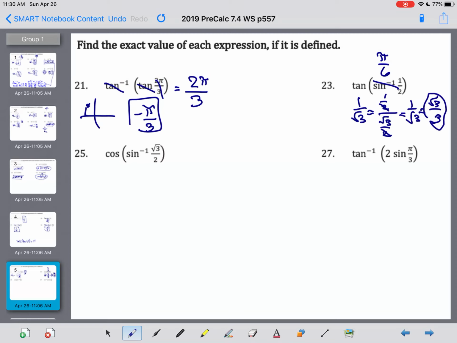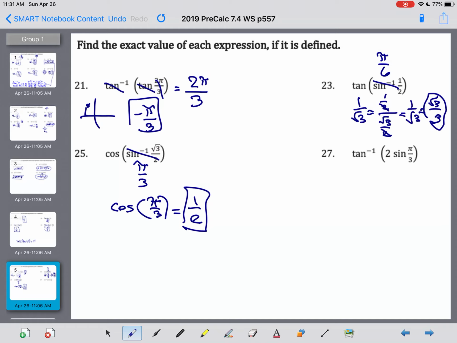Okay. Kind of continuing here, we do this first part, sine inverse of root 3 over 2. This gives me pi over 3. And the cosine now of pi over 3 is going to be 1/2. And again, we just double check, make sure things are in the range of the function and the inverse function here.